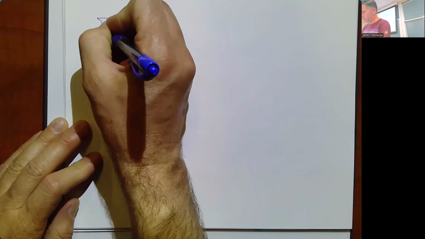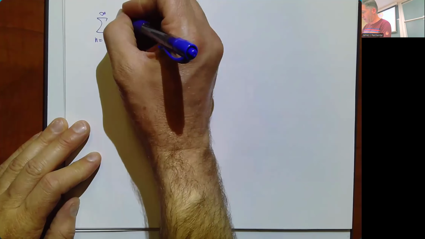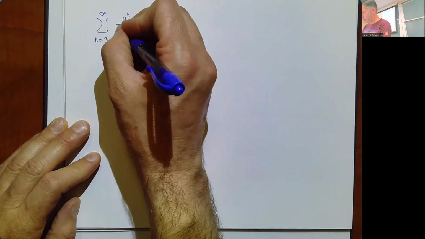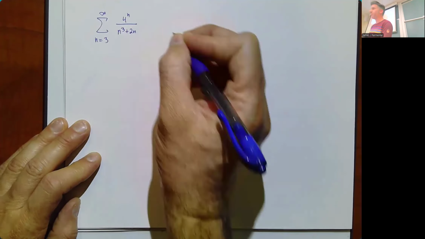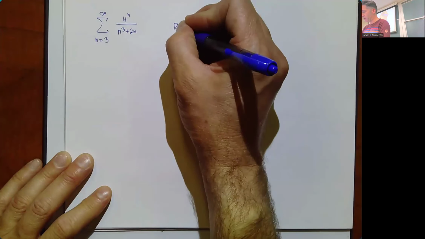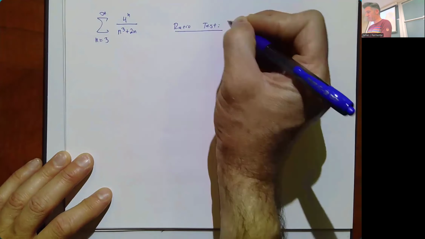Let's look at the sum from n equals 3 to infinity of 4 to the n over n cubed plus 2n. Same idea. So if we use the ratio test here, we'll see something a little different.